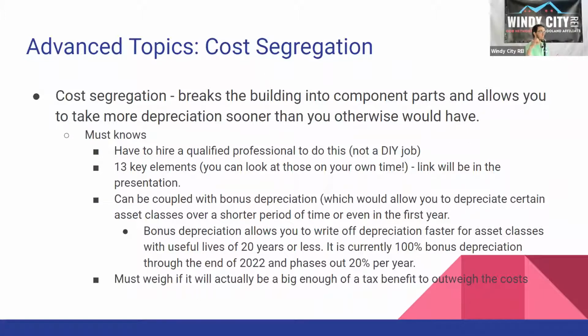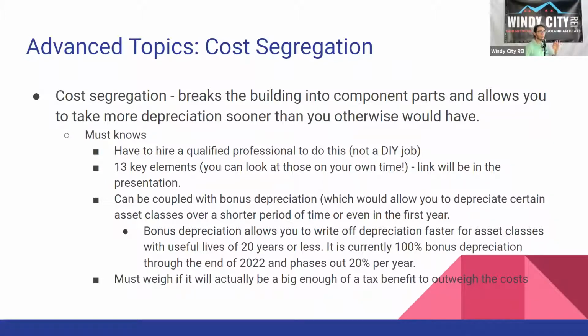So for instance, 2023 is going to be 80%, 2024 it's 60, and so on and so forth until it tapers off. But you basically get a pretty big benefit if you do this cost segregation study, and I'll explain that in an example soon.